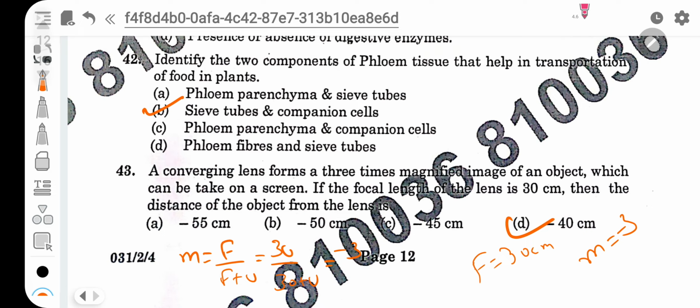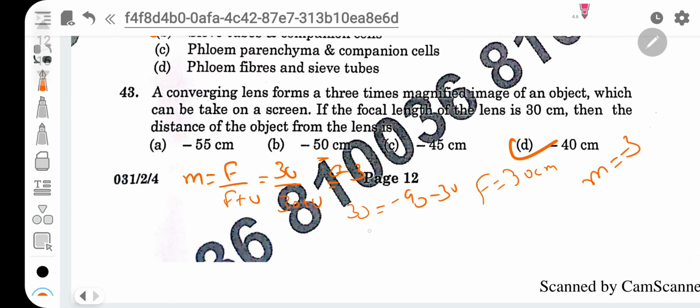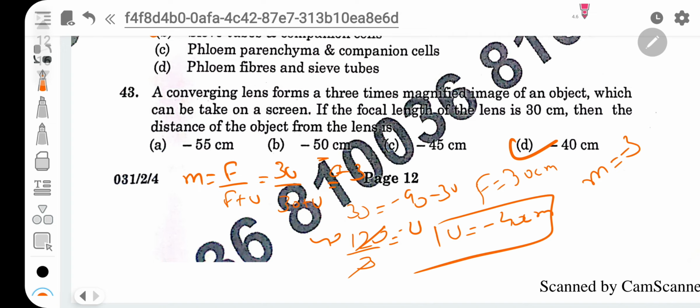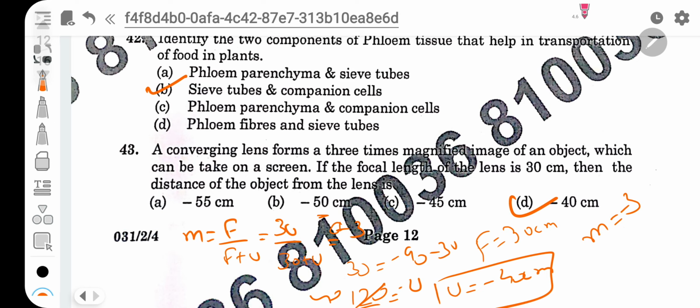It will go there and become 120 upon 3 equals u. So 40, and it will be negative because u is negative here. So the answer is u equals minus 40 centimeter. So it was an easy question, directly formula based.